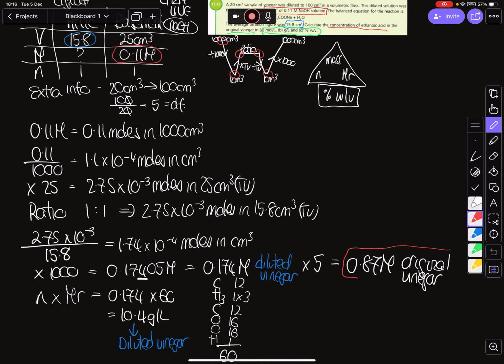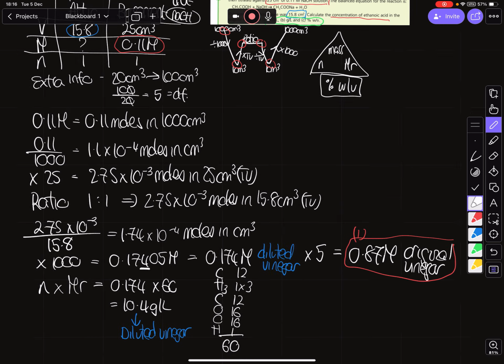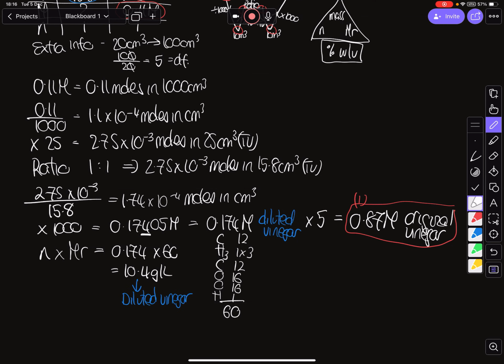So this is going to be the answer to part 1. To turn my grams per litre, I also multiplied this by 5. So 10.4 by 5 is equal to 52 grams in a litre, and that is my original vinegar. So this then is also going to get boxed, and this is point number 2.